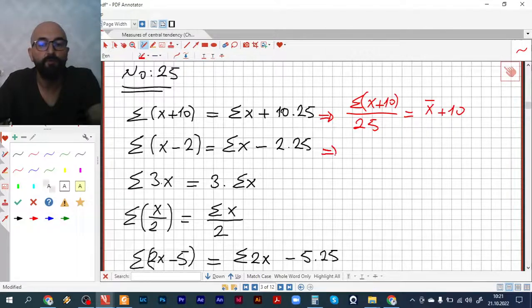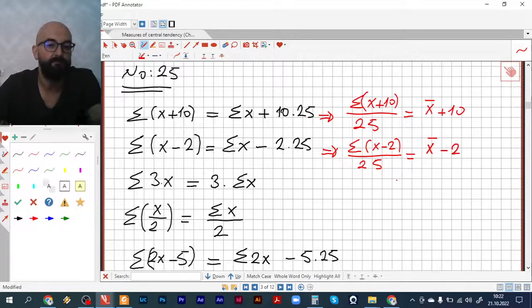If you want the mean with the sum of x minus 2 over 25, you find 2 less than the mean.